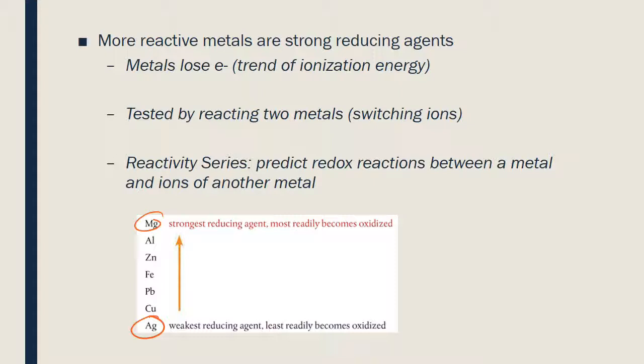It is the most reactive out of this series, so it more readily becomes oxidized. You just need to be able to read the chart, and then we can predict whether a redox reaction will occur based off placement, and we will identify all that content later.